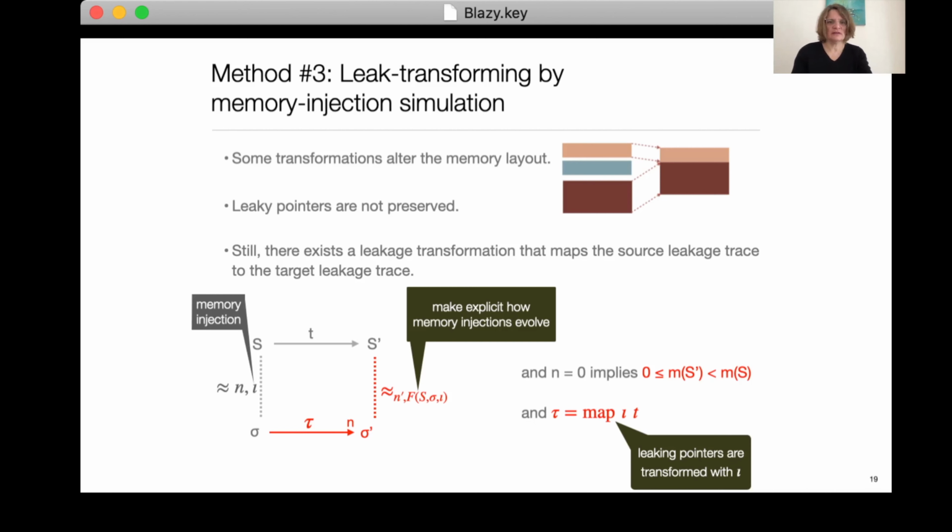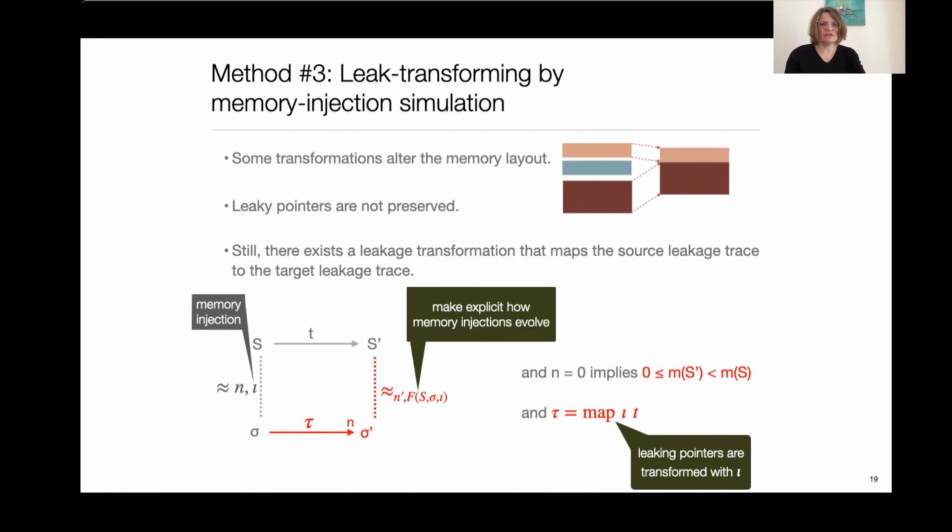So here, because pointers may be modified, the traces differ between the source execution and the target execution. And so we still have the constraint that these traces must be related by a memory injection.